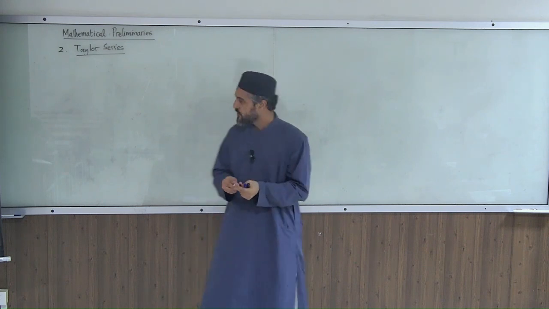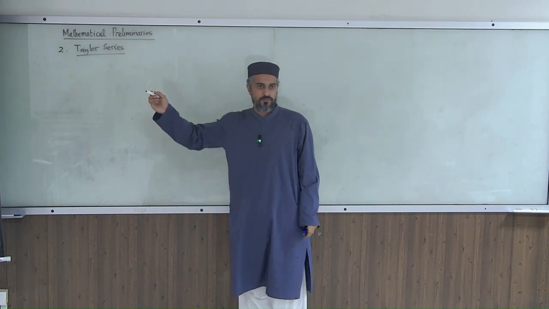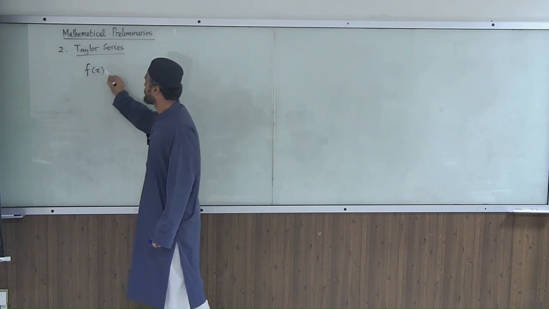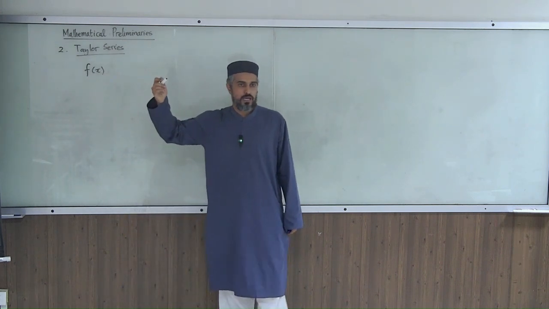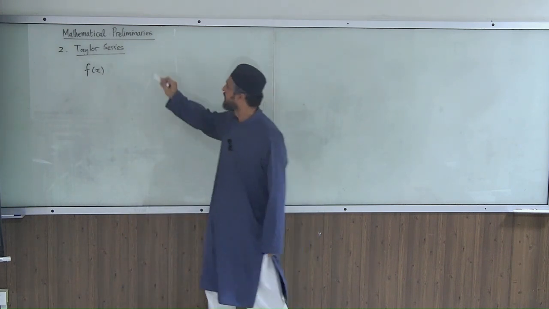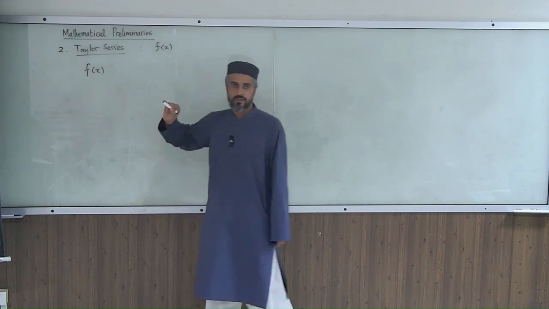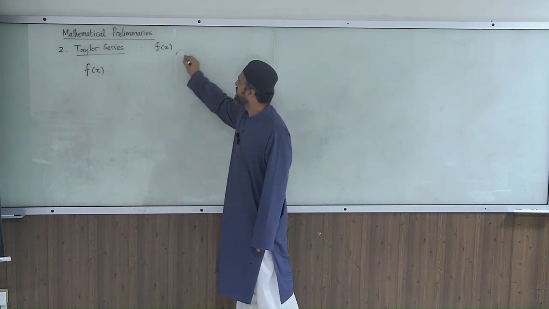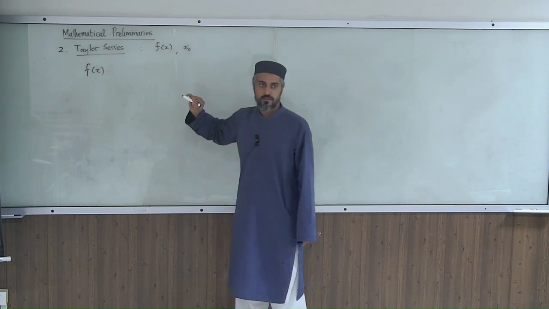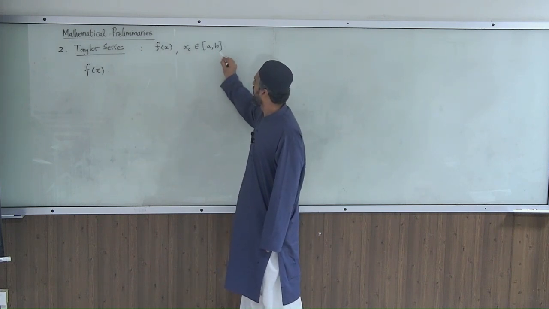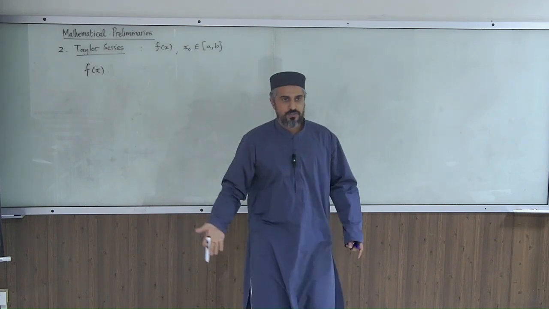Let me write the general form of a Taylor series. What we actually require is some function f(x), and some point, obviously in some interval, where we wish to expand that series.